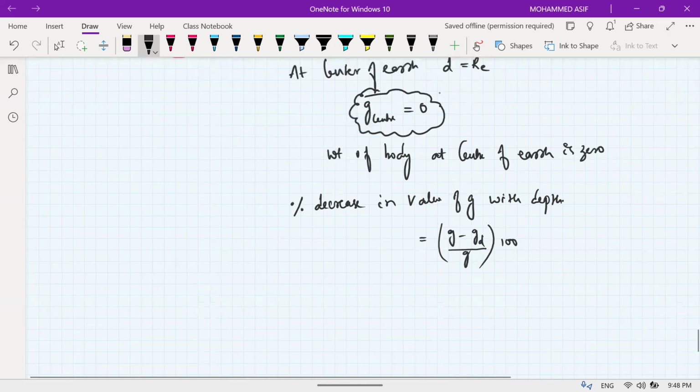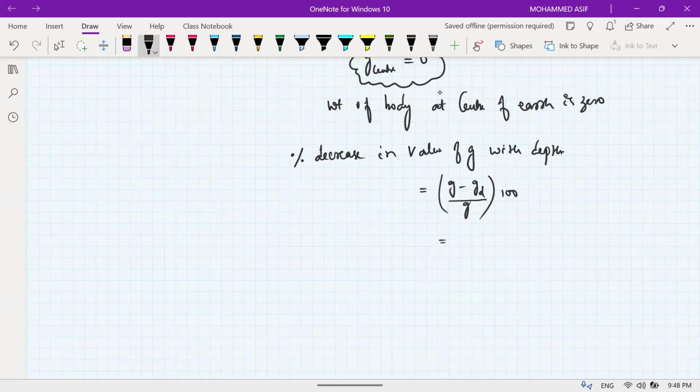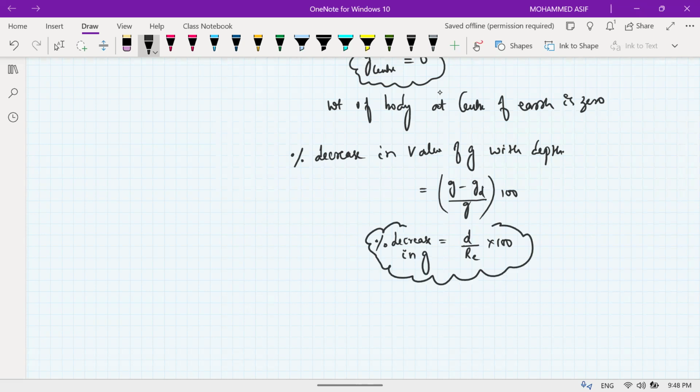So that will come out, if I work it out, directly as d divided by radius of earth into 100. That will be the formula for percentage decrease in g. Am I clear?